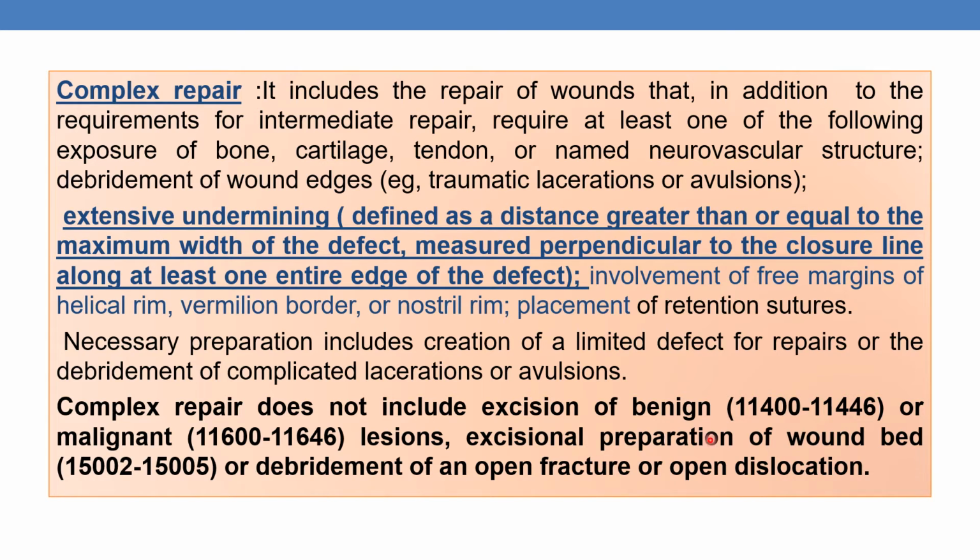And similarly for excisional preparation of wound bed or debridement of open fracture or open dislocation. In all these cases, complex repair is not included. What are they? Excision of benign and malignant lesions, excisional preparation of wound bed, which comes under the code range 15002 to 15005, or debridement of an open fracture or open dislocation. In all these cases, you need to code complex repair separately. It is not included.